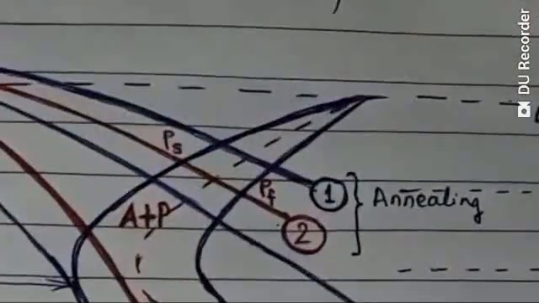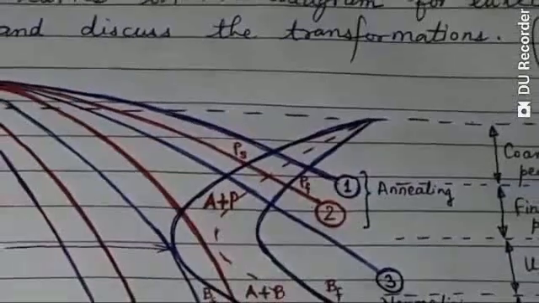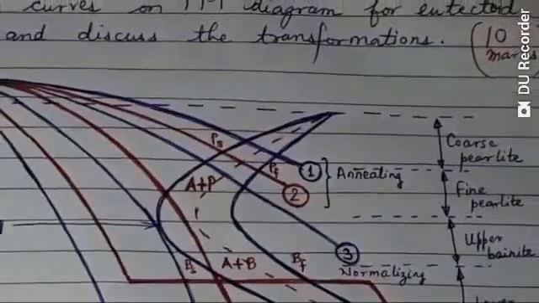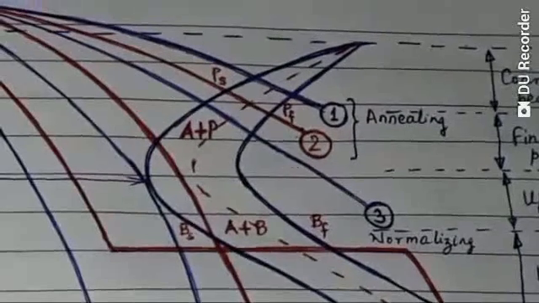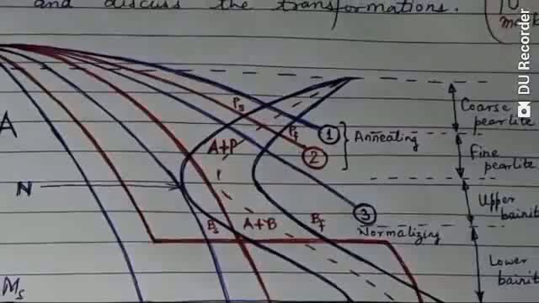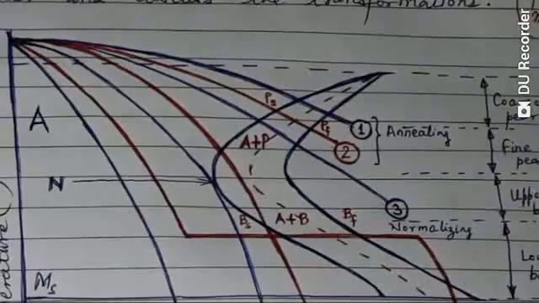So here on the left side you can see PS, and here PF, that belongs to perlite, and this is BS and BF, which belongs to bainite, and in between you can see perlite, and this is A capital, that is austenite.